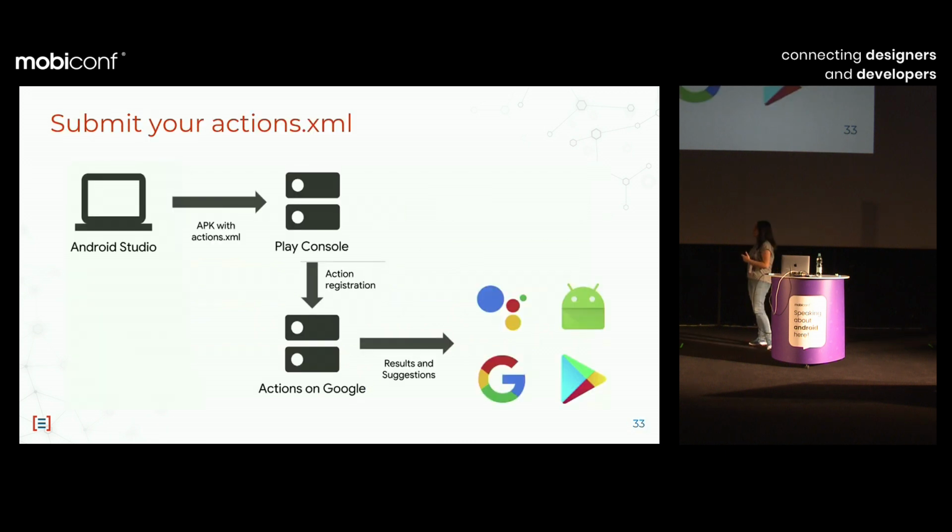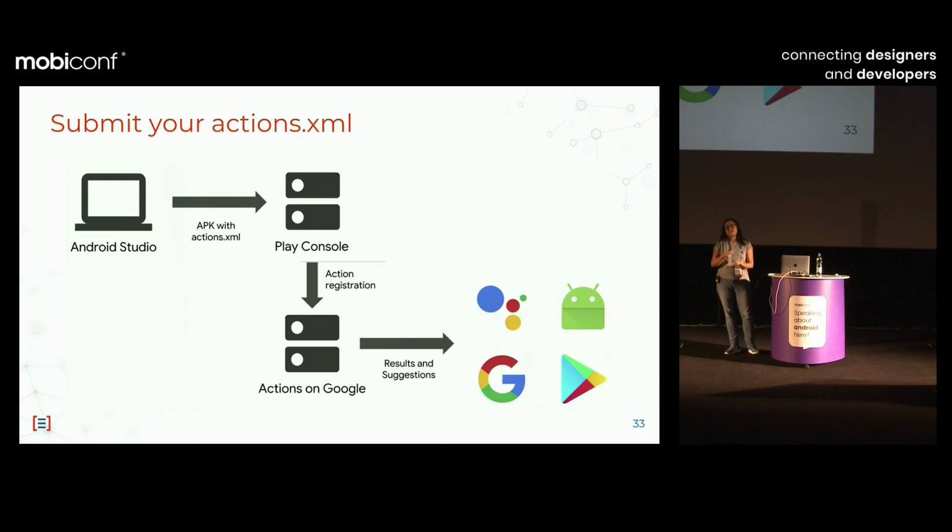So how do you submit your actions.xml? What happens is you develop your app in Android Studio like you do today. You put your actions.xml file in it. You submit it to the Play Store as you do today on the Play console.